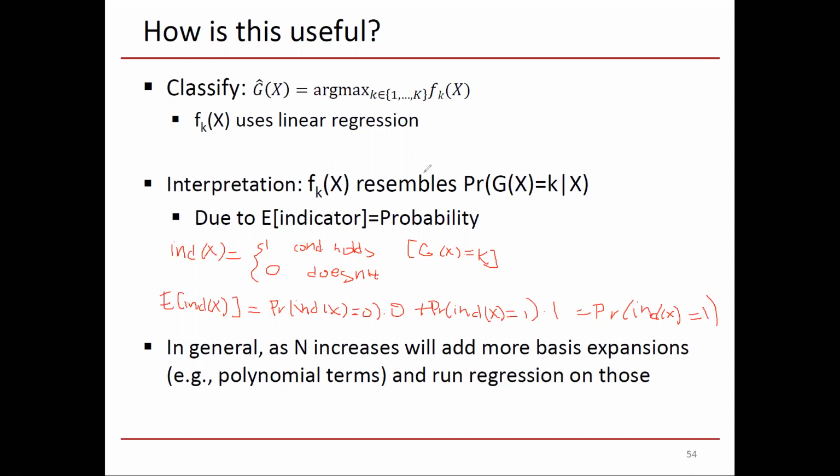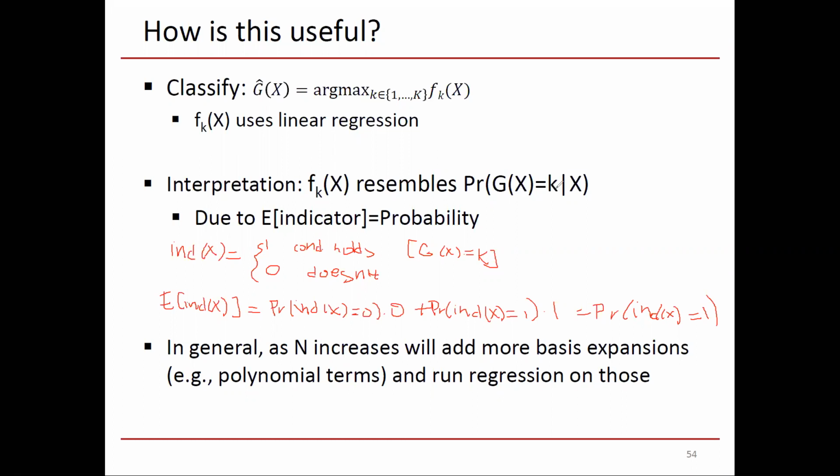So we are trying to create fk of x's that are indicator functions, and if they're good indicator functions, they're predicting the probability that g of x equals k in a reasonable way.